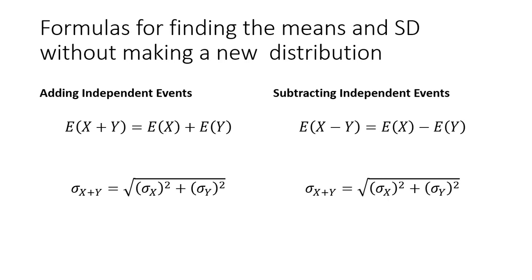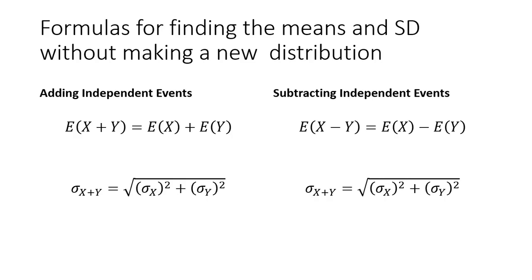So if you are adding independent events to find the expected value, you take the expected value of x and you just add it to the expected value of y. And that should get you your new expected value of x plus y. And subtracting is just x minus y, if you're taking the x values minus the y values to get your new one. So you don't have to make a brand new distribution table to find these.